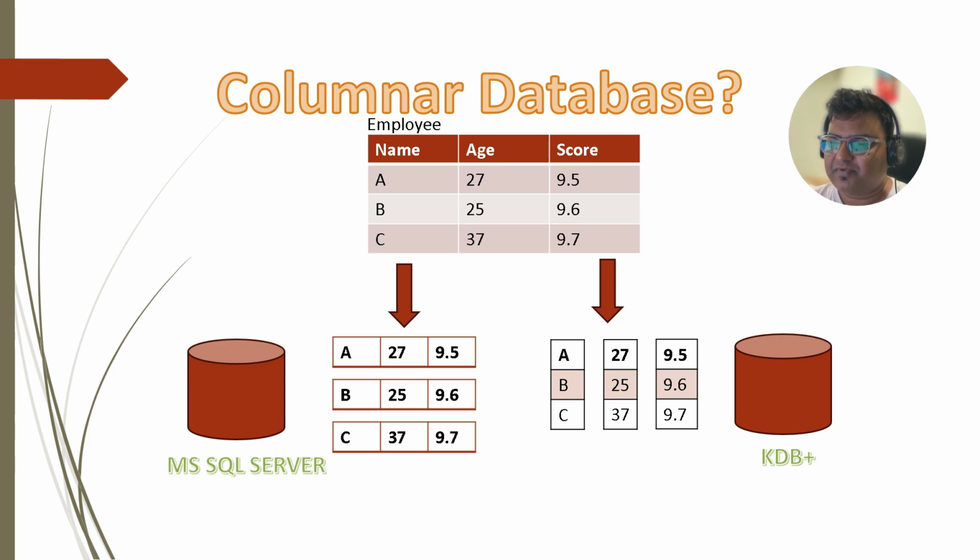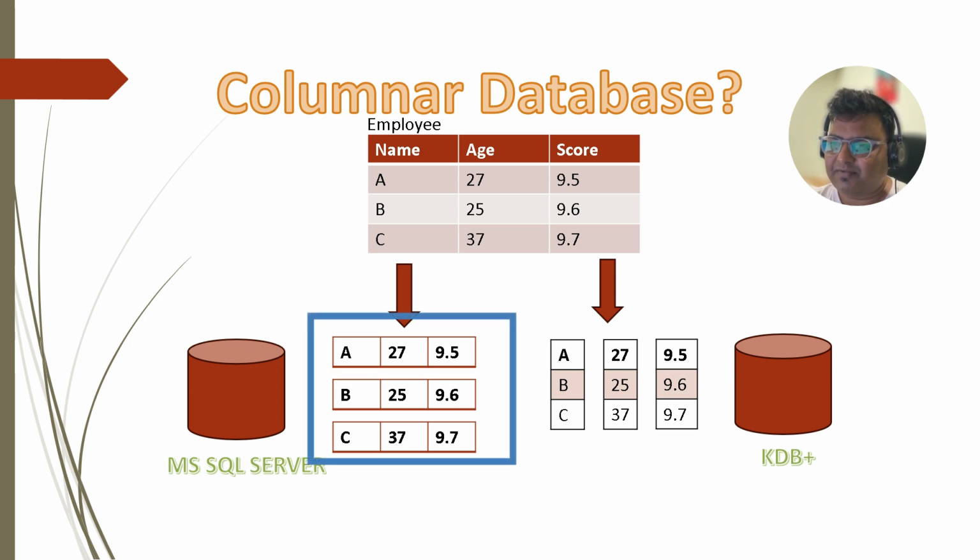So what is the benefit that we get using such kind of storage? If we want to calculate the average age of employees, Microsoft SQL Server will scan all the columns, get the age column and then perform the aggregation.